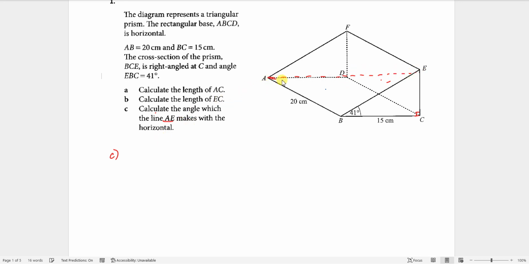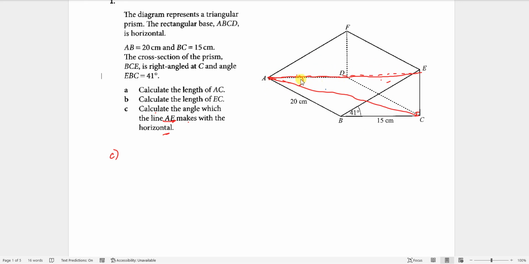Horizontal means this down floor. Let's make it dark. So they're asking calculate the angle which the line AE makes with the horizontal. This is the line AE. What is the angle it makes with the horizontal floor?